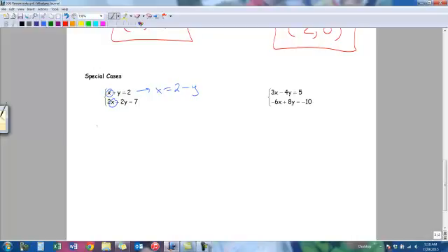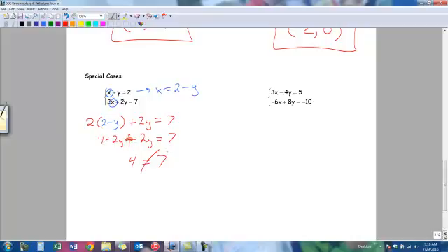So that means that I have 2 times (2 minus y) plus 2y equals 7, because 2 minus y is going in for x. All right, so distribute. You get 4 minus 2y plus 2y is equal to 7.